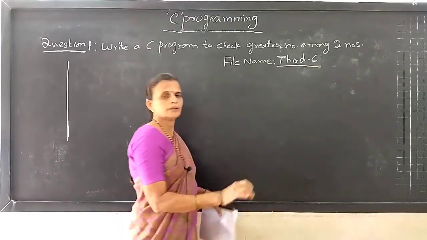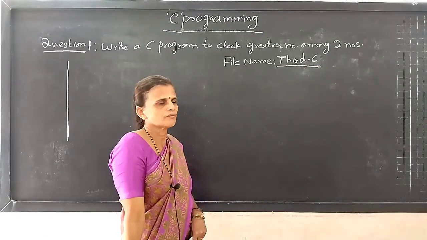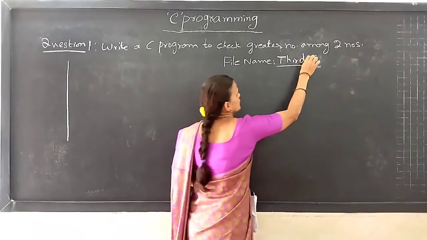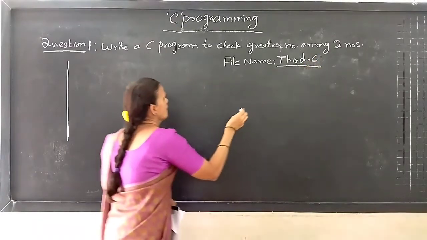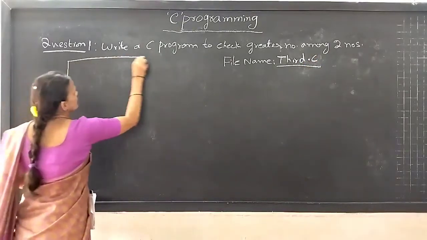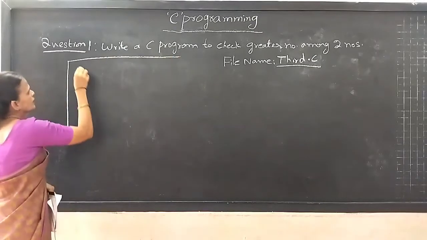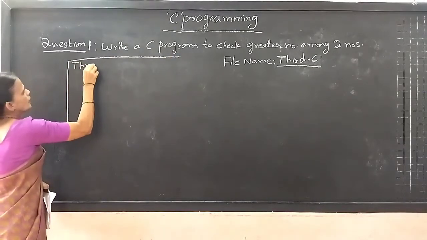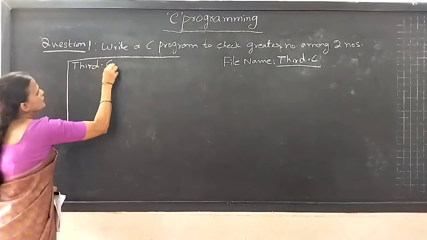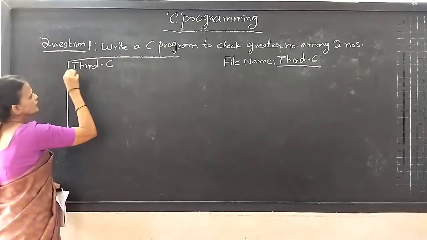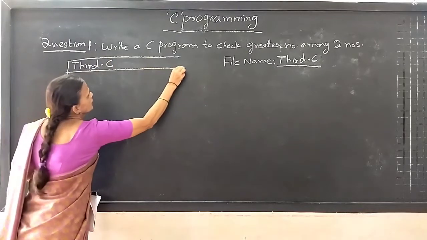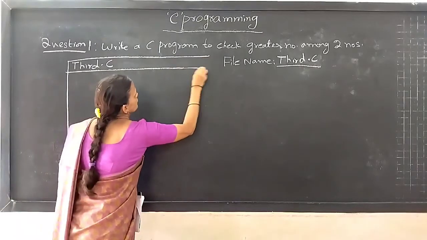Remember, always while saving C program files, you have to save with the extension .c. After getting the space for writing, you have to start writing the program. You know it, at the top you will get the name of the file which you have given.